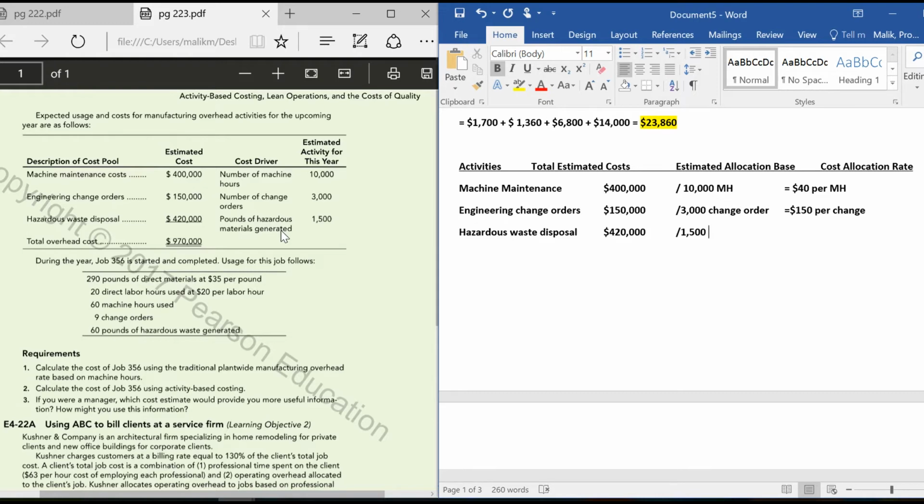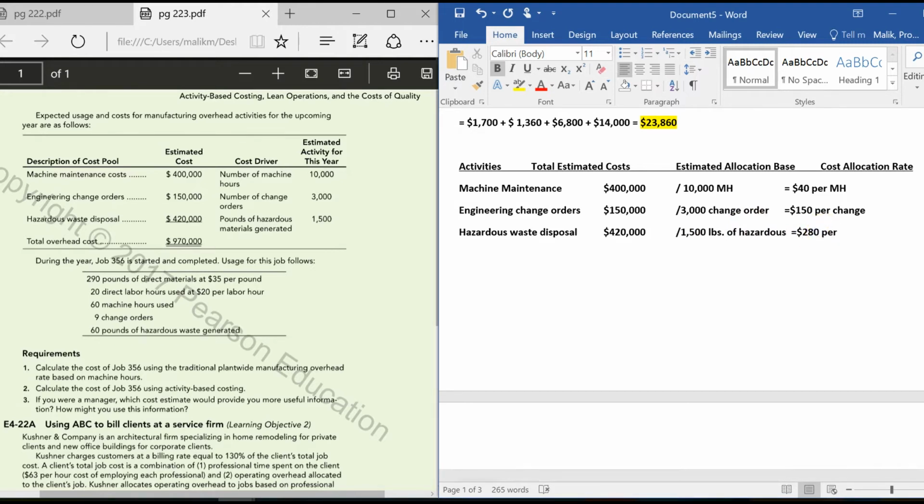If you divide 20,000 by 1,500, you will find that the cost is $280 per pound of hazardous materials. If you would like, you can write the entire thing, but I hope you understand.